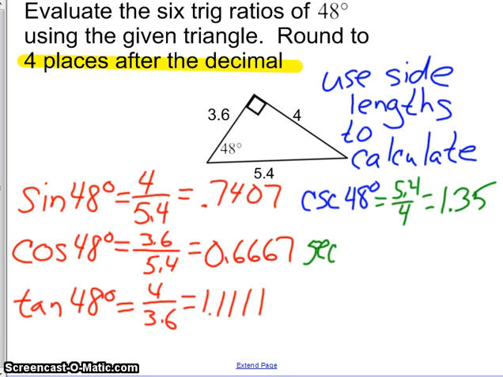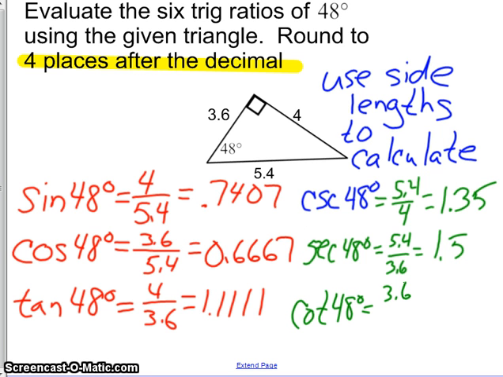Secant is 5.4 over 3.6, which is 1.5. And cotangent, the reciprocal of tangent, is 3.6 over 4. That's 0.9. All right, that's it. Do bookwork.